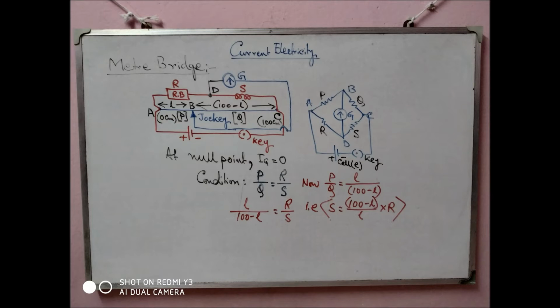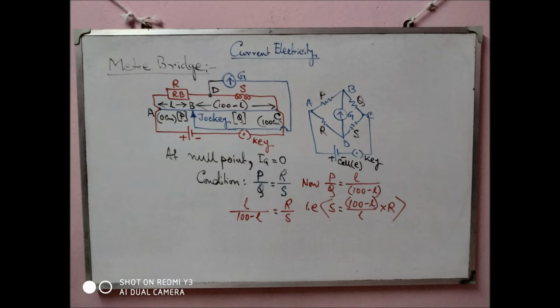Whenever we measure anything, not resistance, not length, not time, any physical quantity, if we repeat the reading multiple times, then the probability of error will decrease. So here also, to take multiple readings, we reverse the position of R and S.